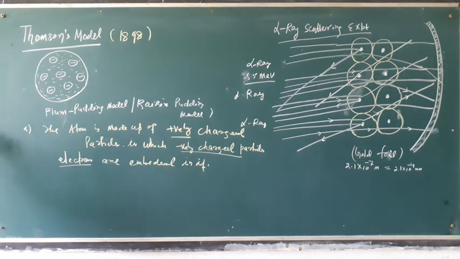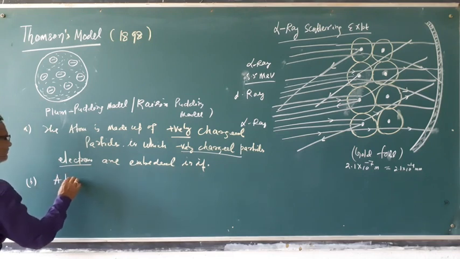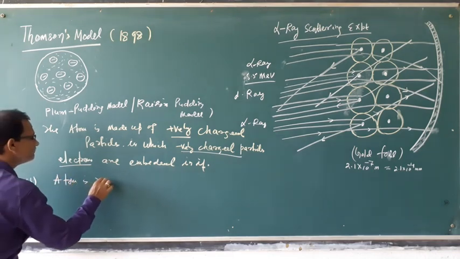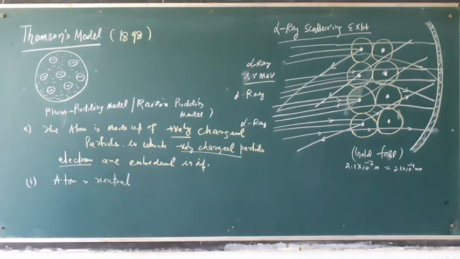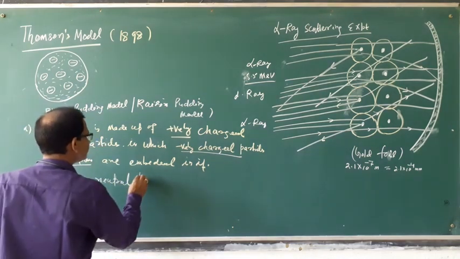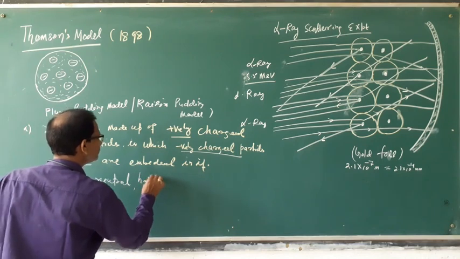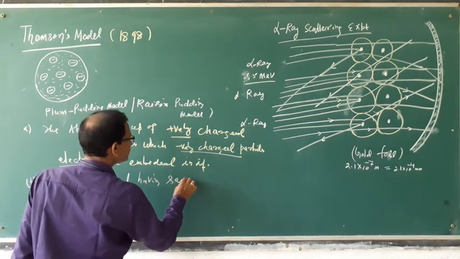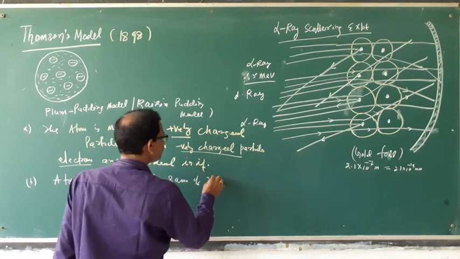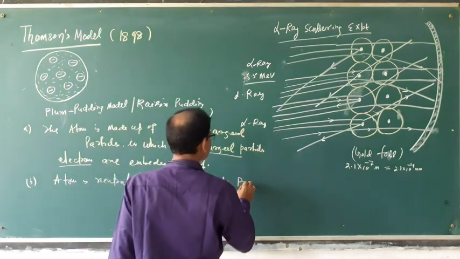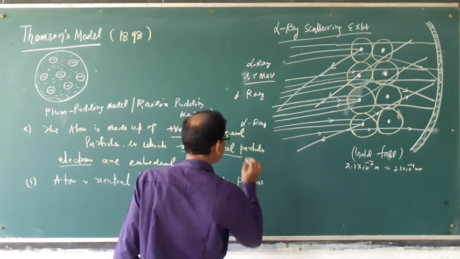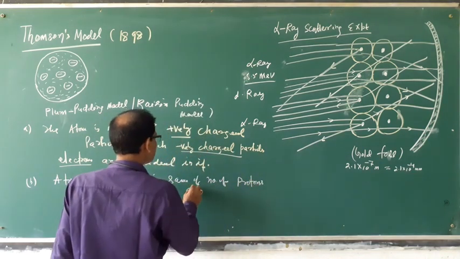And this model also indicates what? The atom is neutral, having the same number of protons and electrons.